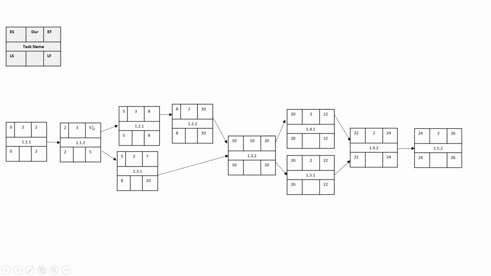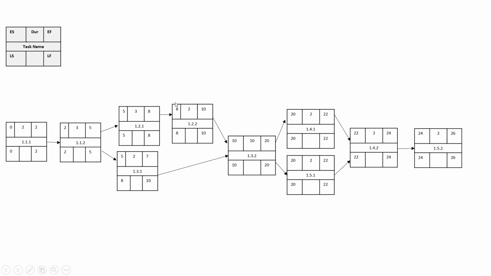Now again, we carry the early finish of the previous task to the next task as the early start. So our next task will start in 5 days. And now we need to calculate the early finish for that task, which is going to be its early start plus its duration, which gives us the 8.